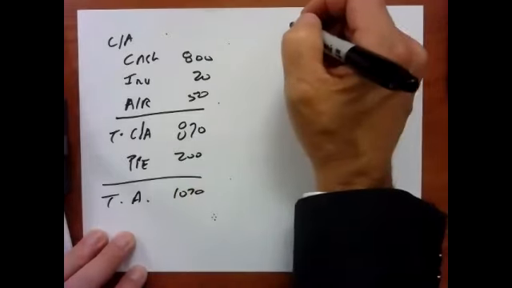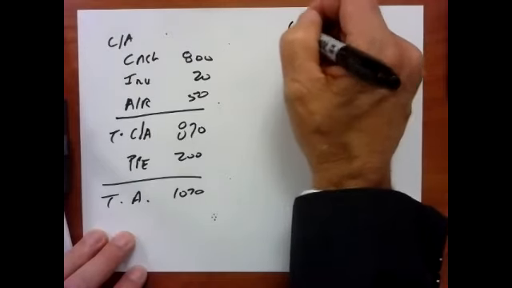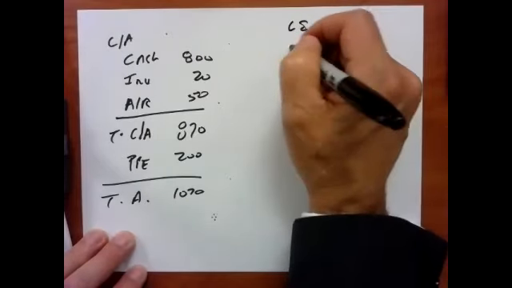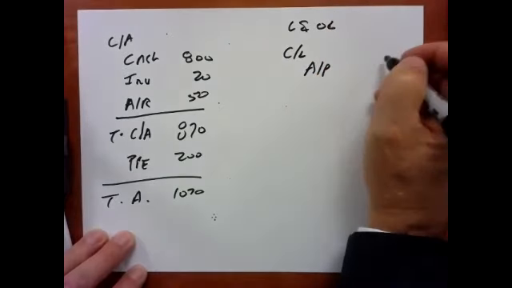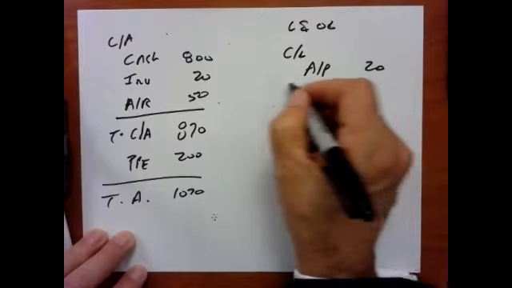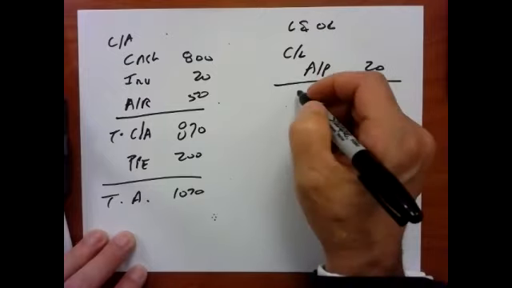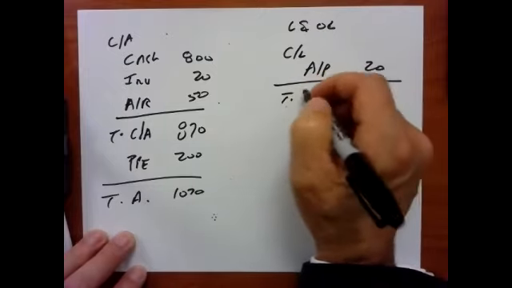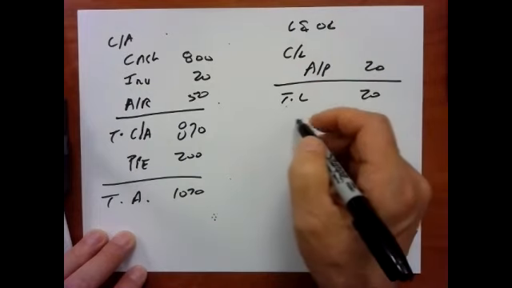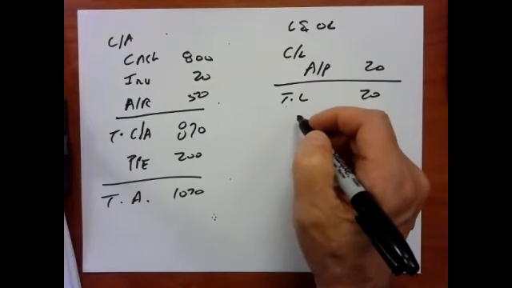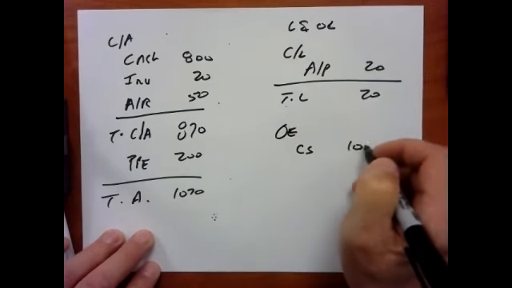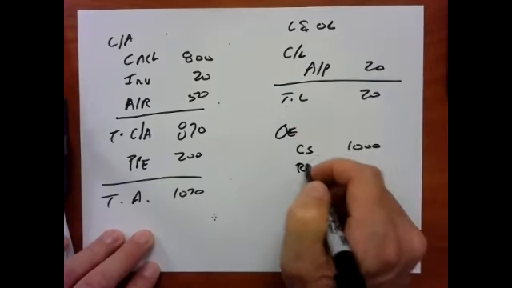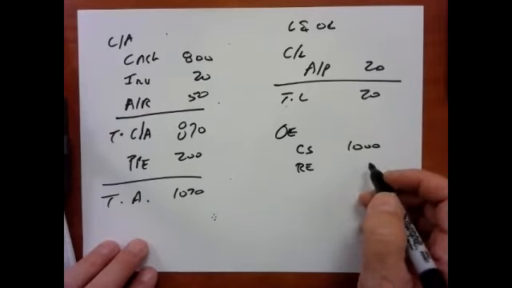On our liabilities and owner's equity side, we have current liabilities, accounts payable of 20, and that is all our liabilities. So we have total liabilities of 20. We have owner's equity. We had common stock of 1,000, and then we have retained earnings now of 50.